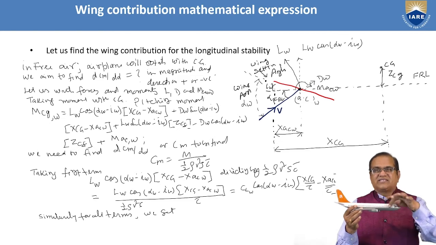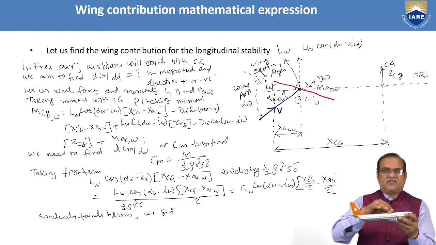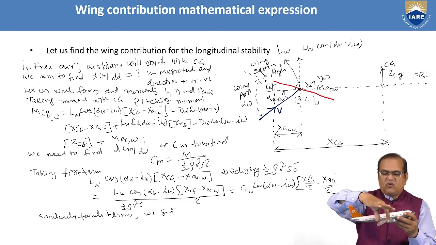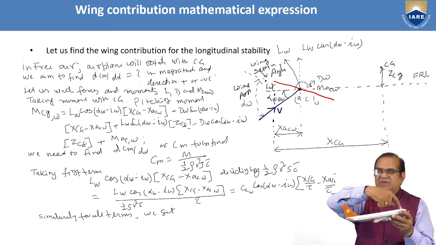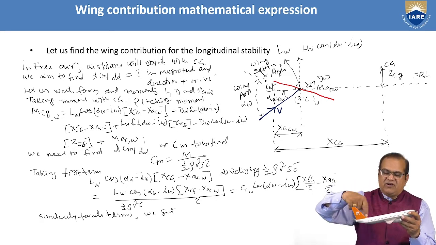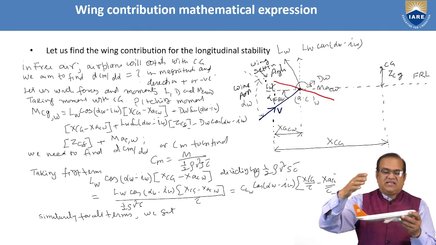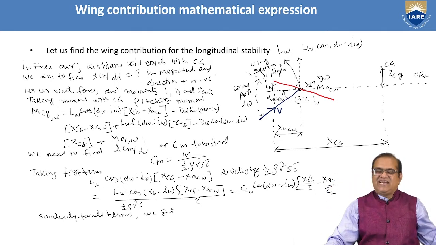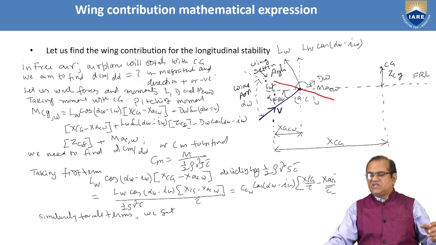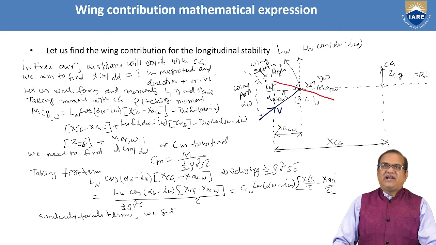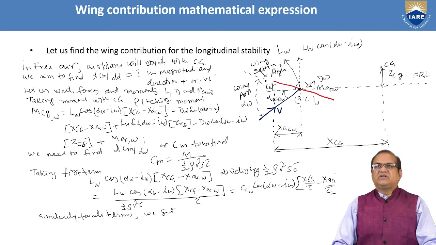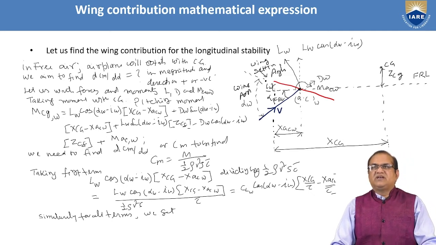We are not discussing the fuselage or tail or anything. We are only concerned with this line. We can make a free body diagram in this way, and we have put this in two dimensions. This red color, you can see, is the aircraft wing. Let us find out the wing contribution to the longitudinal stability of the aircraft.